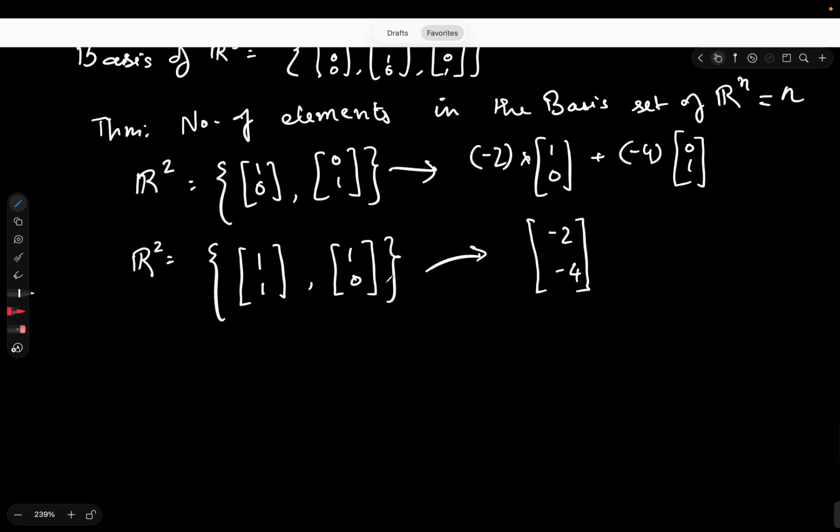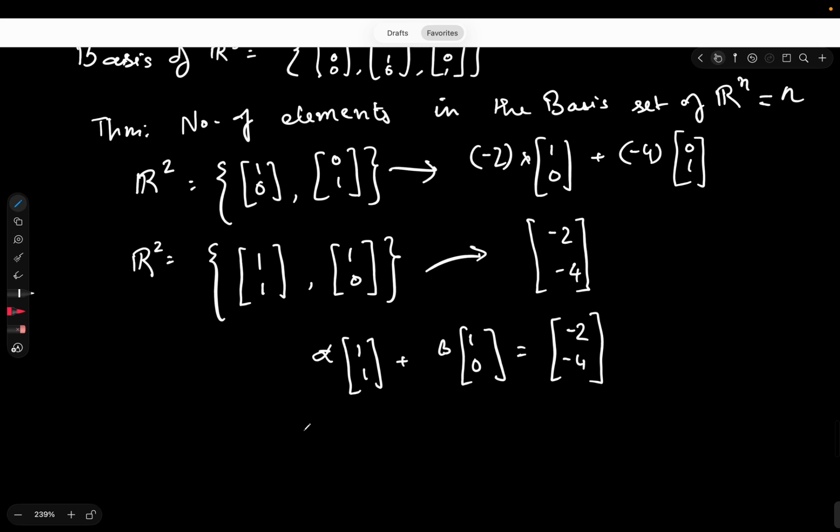But how do we obtain it from the new basis? We take some alpha into 1 1 plus some beta into 1 0 equals -2, -4.